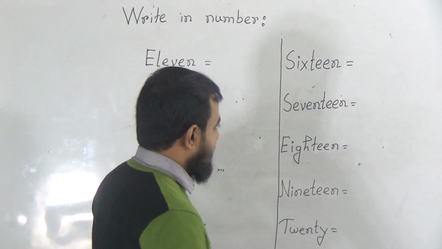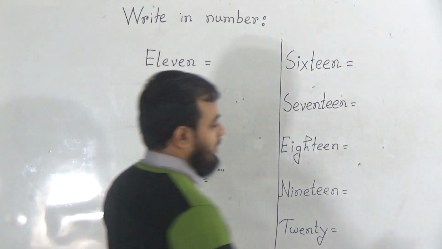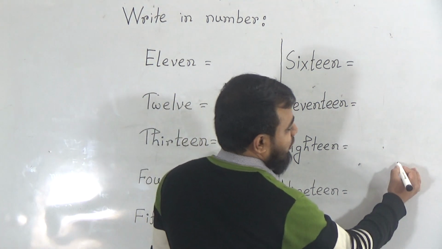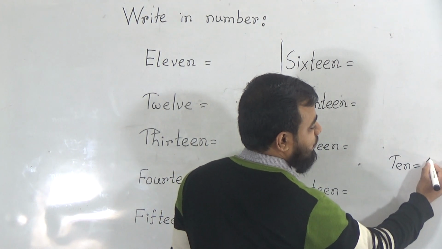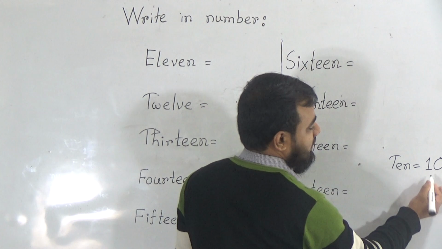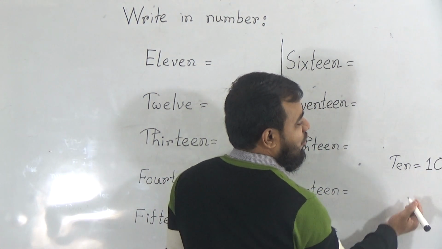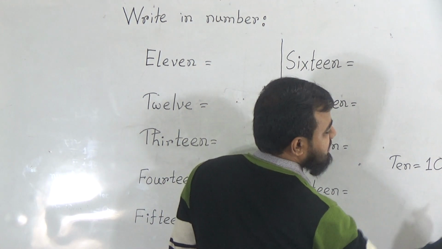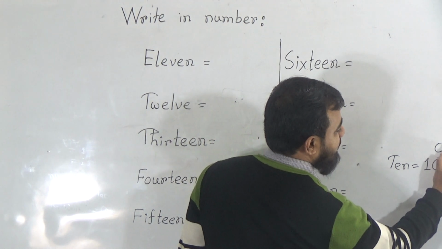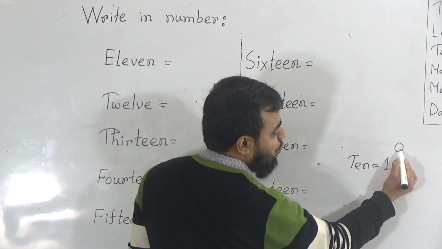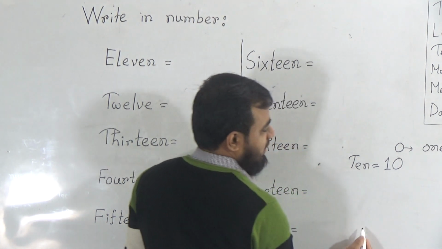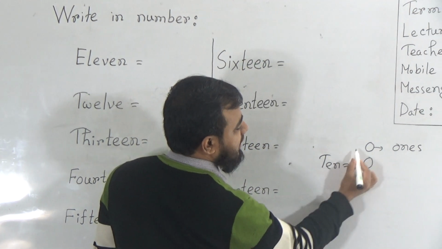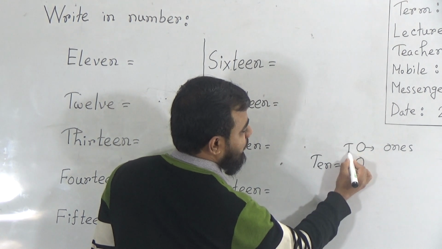In the previous class, we wrote down 1 to 10. When we write down the number 10, we need 1 and 0. In the ones position, on the right side, the O means ones position. And this one is in the tens position.